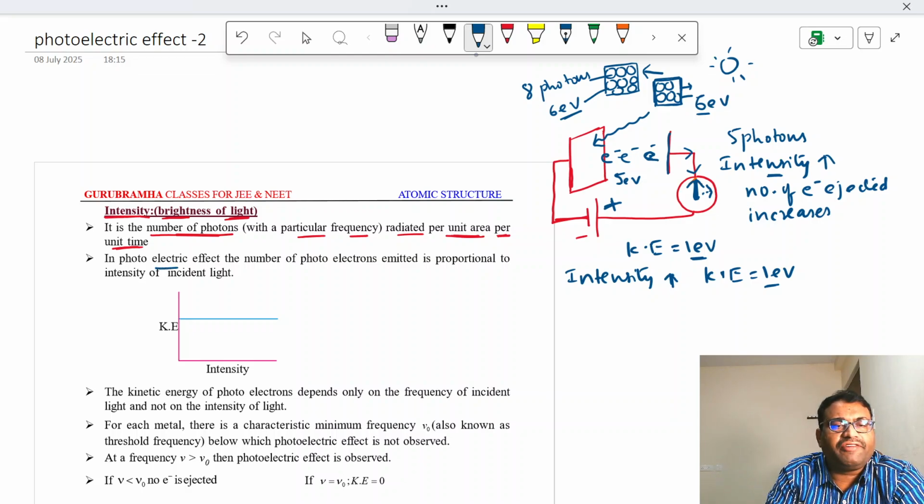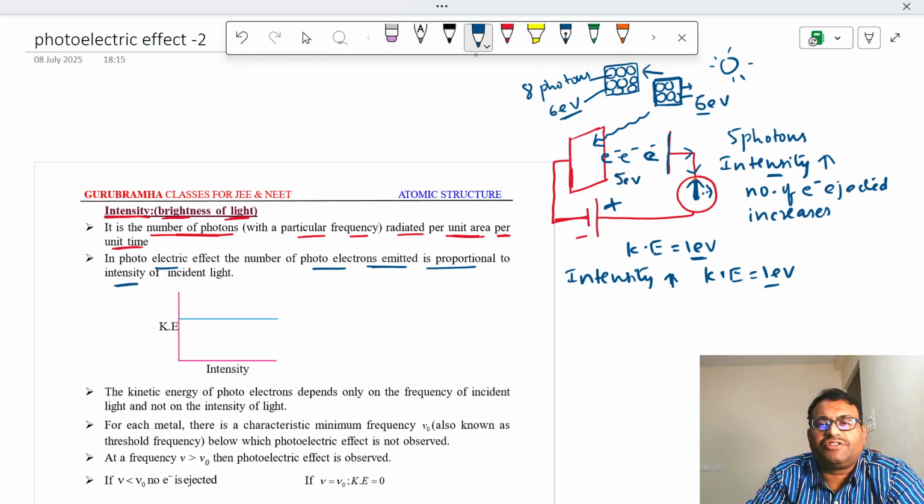In the photoelectric effect, the number of photons is proportional to intensity. So here you see 5 photons, 5 electrons. 8 photons, how many electrons come out? 8 electrons.